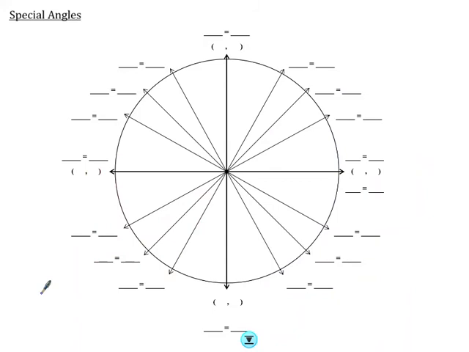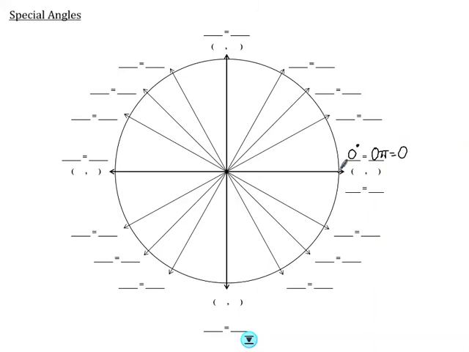So here is our unit circle. We want to look first at the angles. We mentioned in a previous video that when you are measuring angles, your initial side is always the positive x-axis. So here, this is going to be 0 degrees, or 0 pi radians, which is just 0.